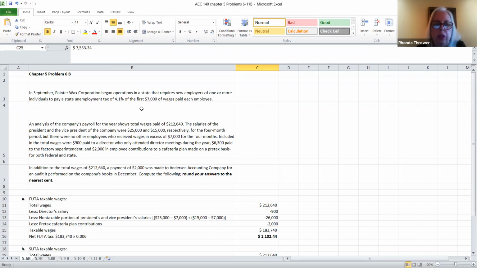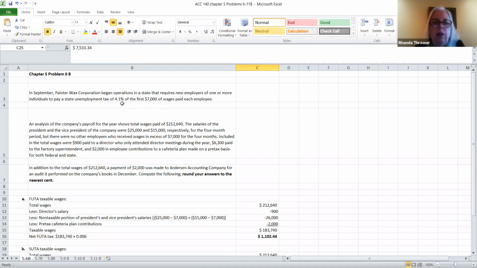And what we're going to be doing today is figuring up the amount of FUTA taxes and SUTA taxes for this particular company. In September, Painter Wax Corporation began its operations in a state that requires new employers of one or more individuals to pay a state unemployment tax of 4.1% of the first 7,000 wages paid each employee.